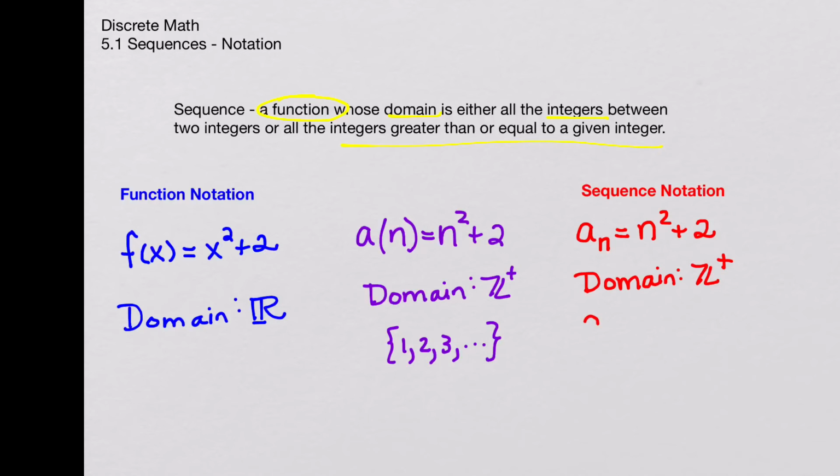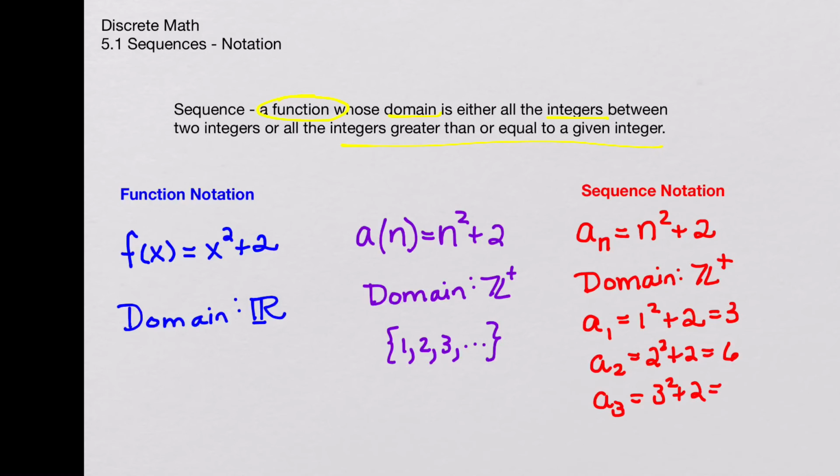Okay, so a sub 1 is 1 squared plus 2, which is 3. A sub 2 is 2 squared plus 2, which is 6, and a sub 3 is 3 squared plus 2, which equals 11.